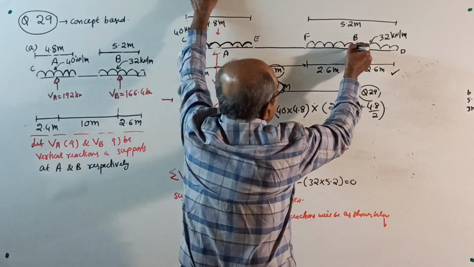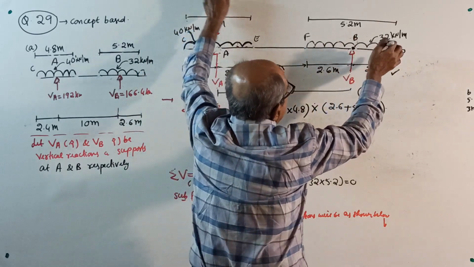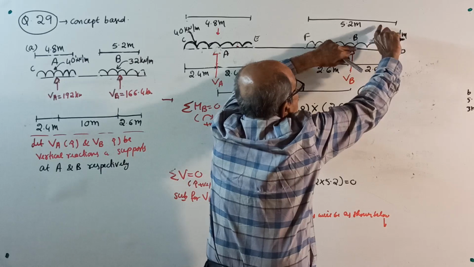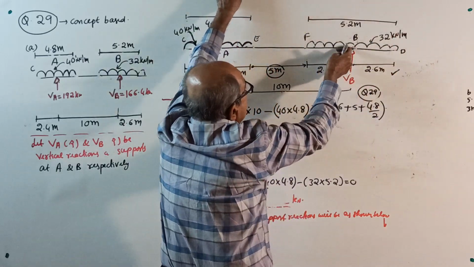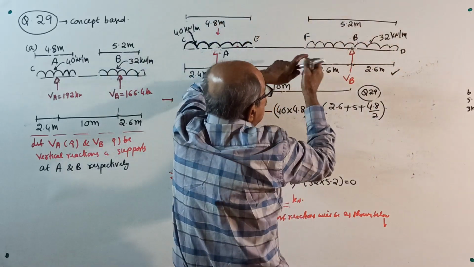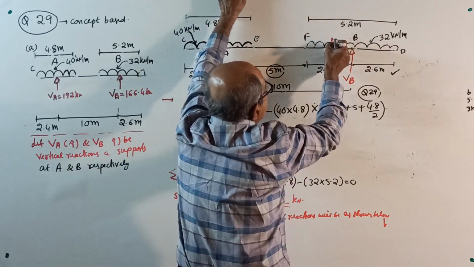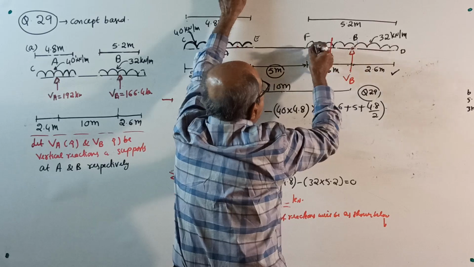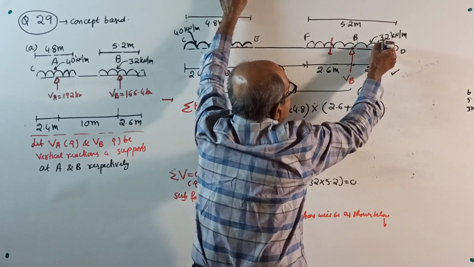Then when you come to B, this UDL will create clockwise moment, this UDL will create anti-clockwise moment. So split here. This is the load from B to F. You mark a line here.